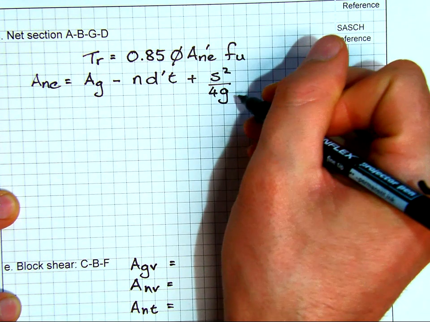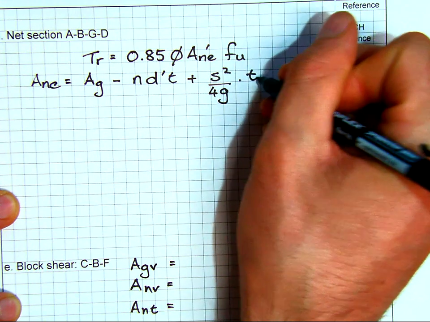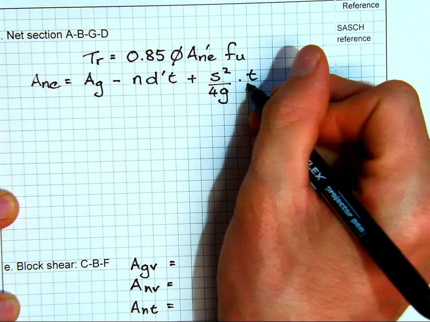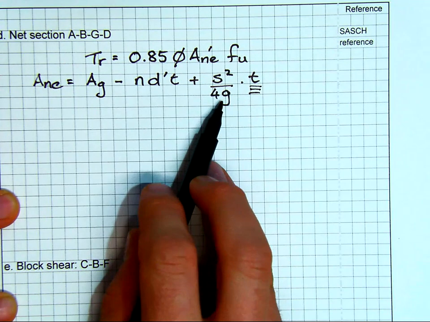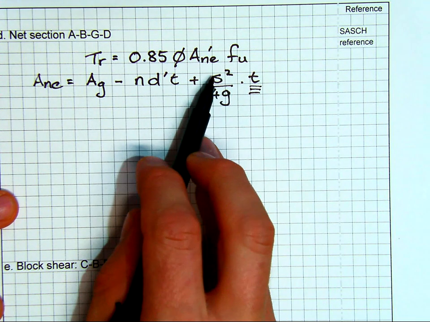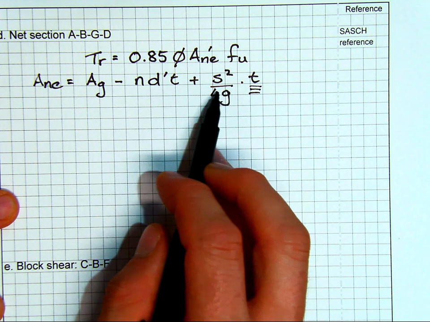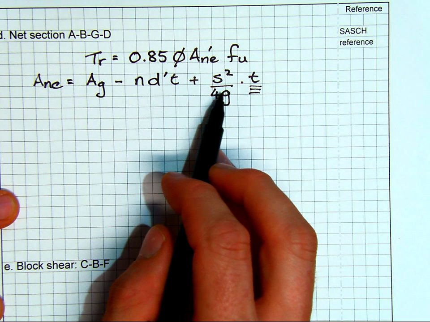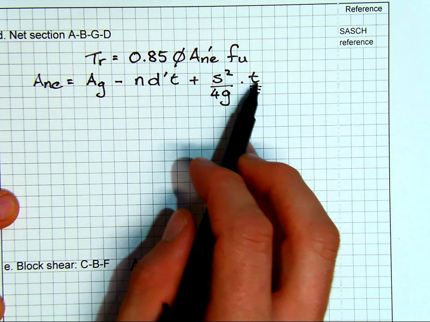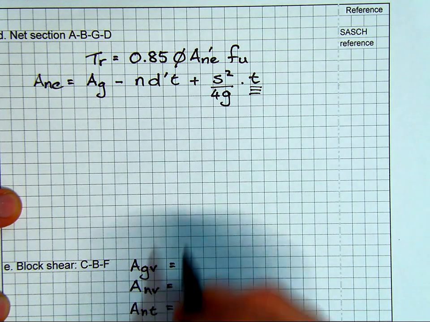That's s squared over 4g times t. I'm just putting this t separately. Be careful, it's very easy to forget to multiply it at the end. s squared over 4g is a length, a bit of extra length to account for the slope, and then to convert to a cross-sectional area, we have to multiply it again by the thickness there.